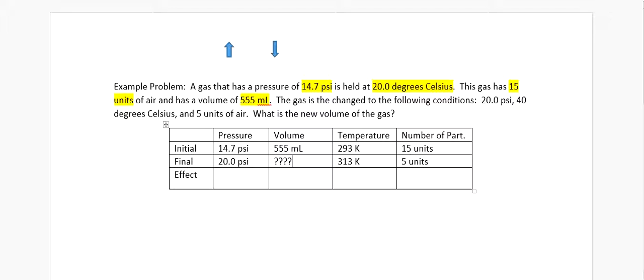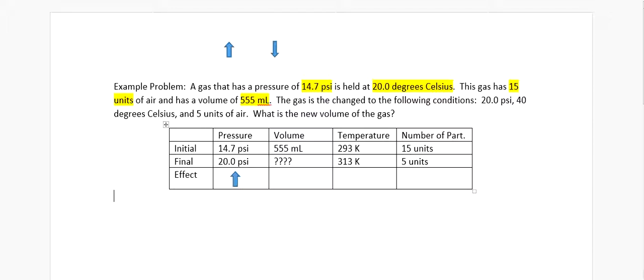So this is a pretty complex problem because I've got 3 things changing, and I'm trying to figure out what the new volume would be. And so let's take this one step at a time. So the first thing we're going to look at is pressure. So the question is, what happens to the pressure? Well, I can see that it's going from 14.7 to 20 psi, so therefore I know that it's increasing.